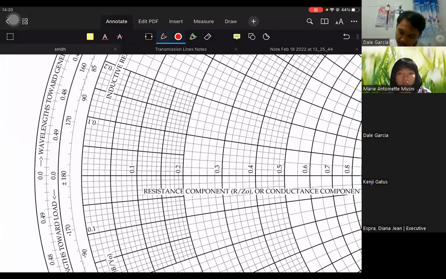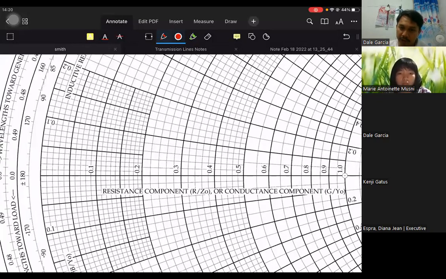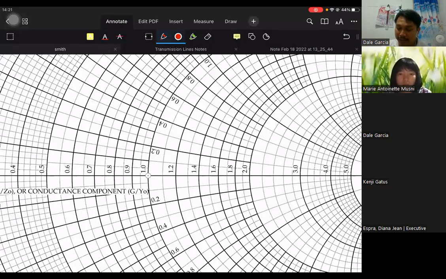When you see 1.0, 1.0 na, matched line and load. So kung mao na ang atong impedance nga plot, again, as what the previous video has stated, match ang line ug load. So dili man diha. Ito 1.5.